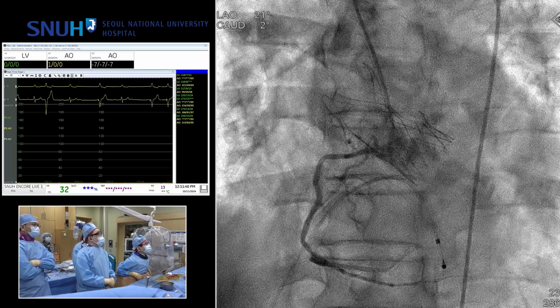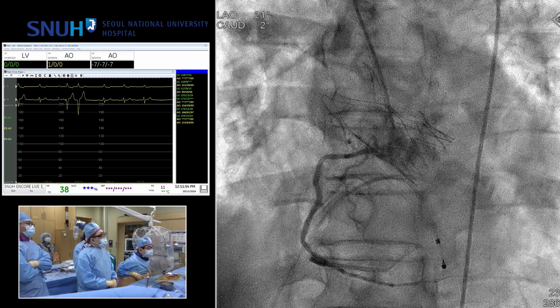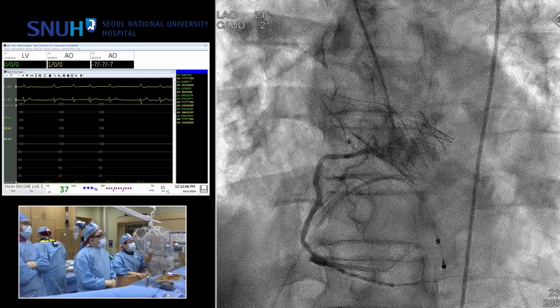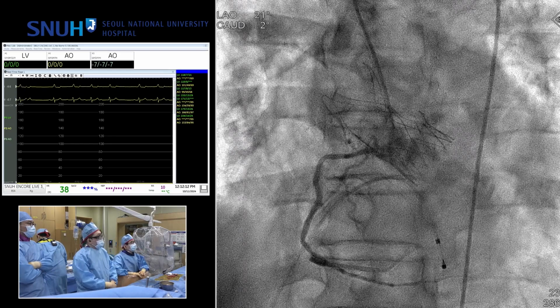Two to one block. Four to three block. Can you recognize PR prolongation and finally non-conducted? This is high degree Wenckebach AV block. We don't know. He suffered from repeated syncope. Thus, we may need a pacemaker implantation.